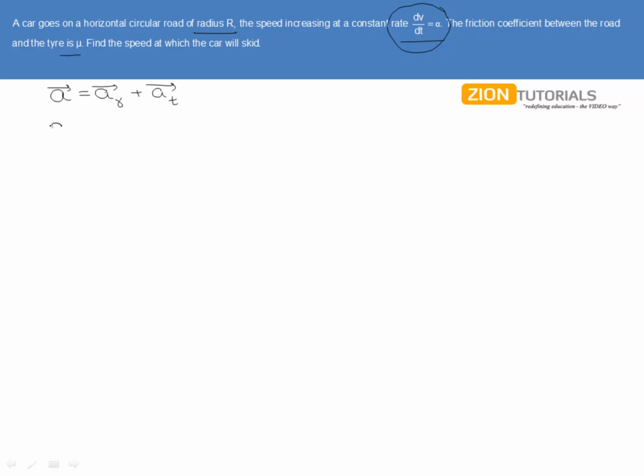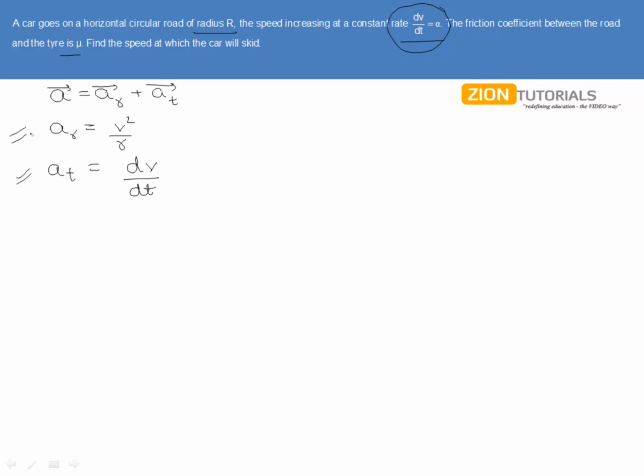Talking about the radial component, we have obviously v square by r along the line, that is along the radius, and also we will be having the tangential acceleration as equal to dv by dt, that is the change in the magnitude is responsible due to the tangential acceleration, while this direction, that is along the center, is maintained by the radial acceleration.